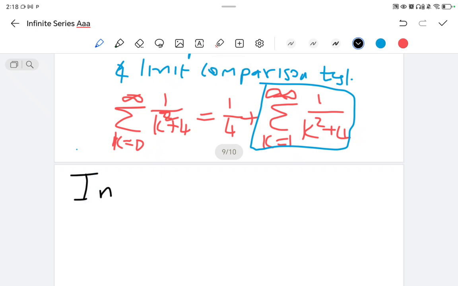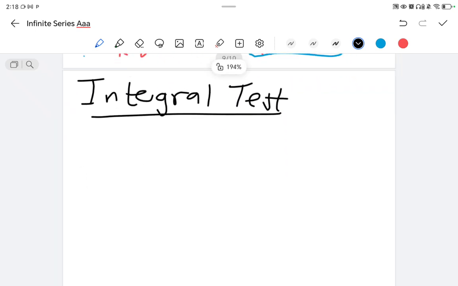So when we come to the integral test, there are certain conditions that we look at. We don't just apply the integral test. We should be sure about the function that we're dealing with.